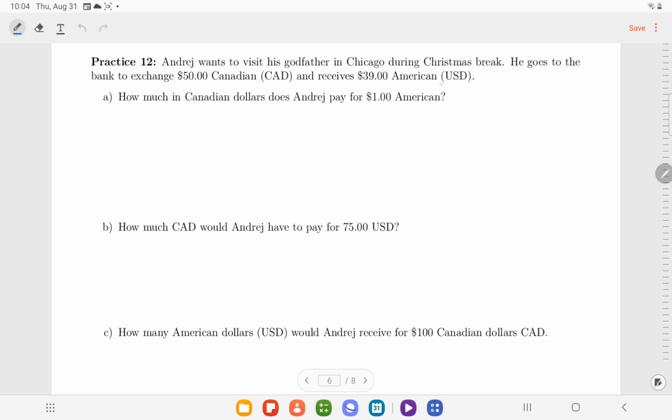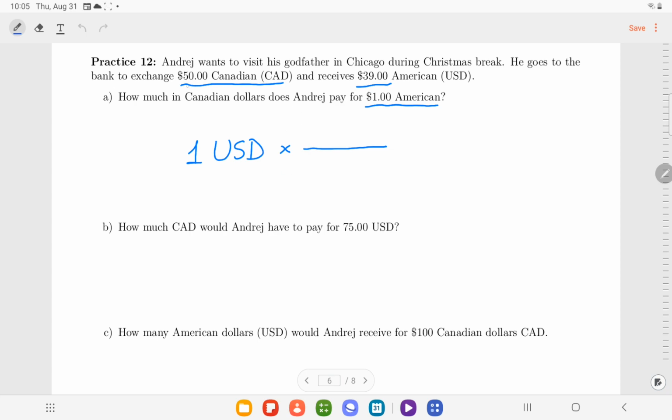Andre wants to go to Chicago. He goes to the bank to exchange $50 Canadian and he receives 39 American dollars. How much in Canadian dollars does Andre pay for 1 American dollar? We start with 1 American dollar, using USD, and we want to know how much he pays in Canadian dollars.